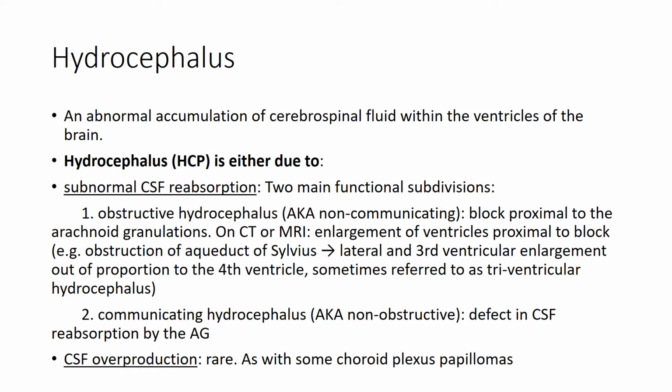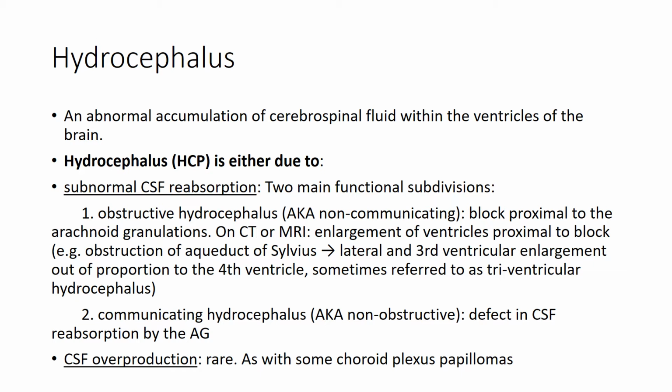So, what is hydrocephalus? Hydrocephalus is an abnormal accumulation of CSF within the ventricles of the brain. Okay, it's as simple as that. What are the types of hydrocephalus? There are two main types. The first one is obstructive hydrocephalus, or non-communicating.